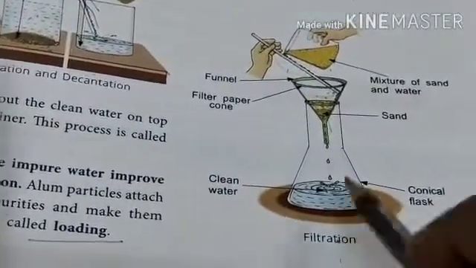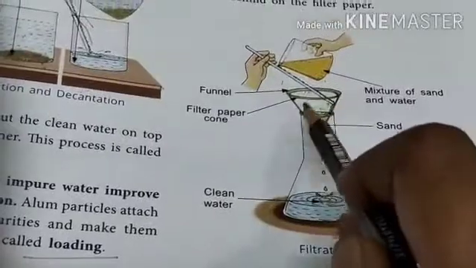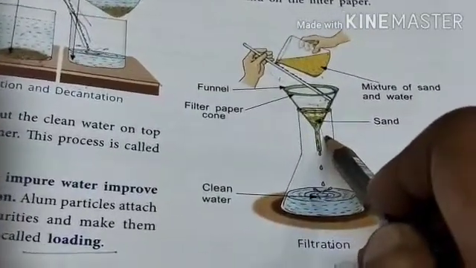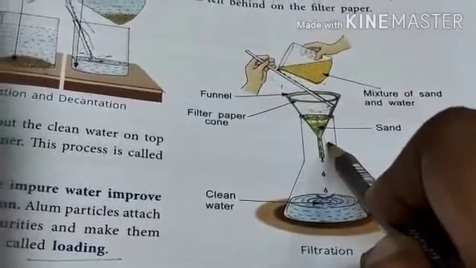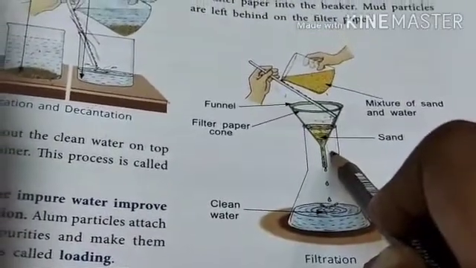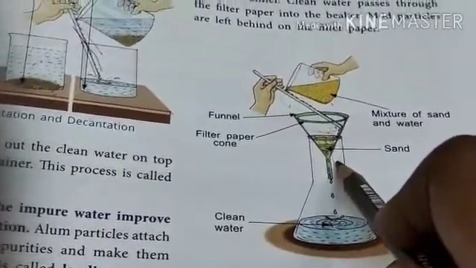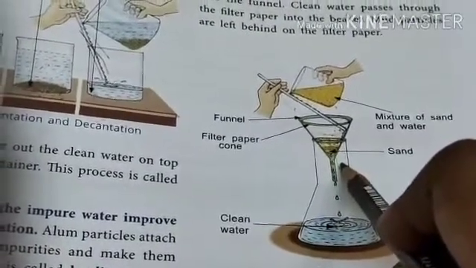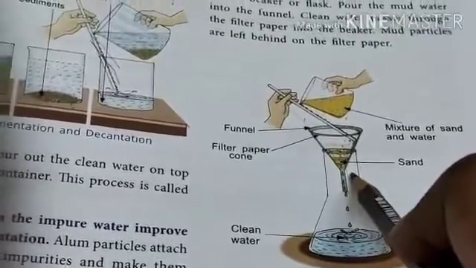So my dear children, we can filter dirty water through this method. The simple example is when in your house during the rainy season the dirty water comes, then when we boil it, the dirt particles, they settle at the bottom.